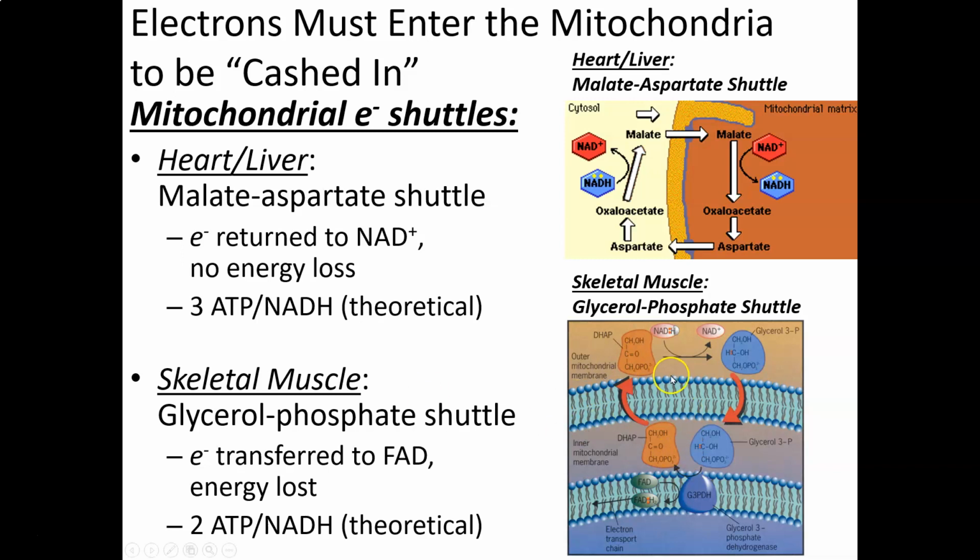This is a little more complicated than it needs to be, but basically the energy from NADH is passed to a molecule called glycerol phosphate. Think of it as an active transport mechanism where even though we had NADH on the outside, we have to use an ATP to get that molecule on the inside.